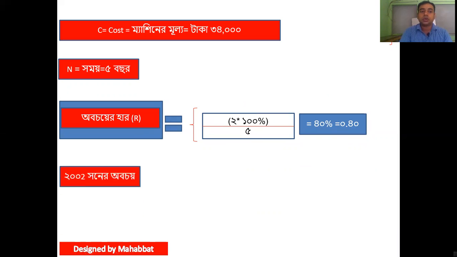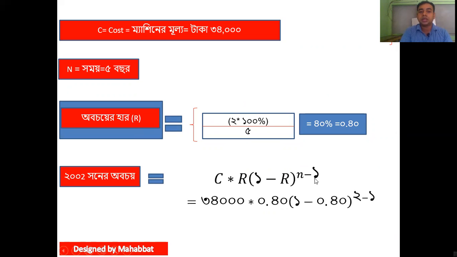Okay, so depreciation for 2002: C into R into (1 minus R) to the power n minus 1. That means C for 34,000 into R for 0.4 into (1 minus 0.4) to the power 2 minus 1, since it is for 2 years.